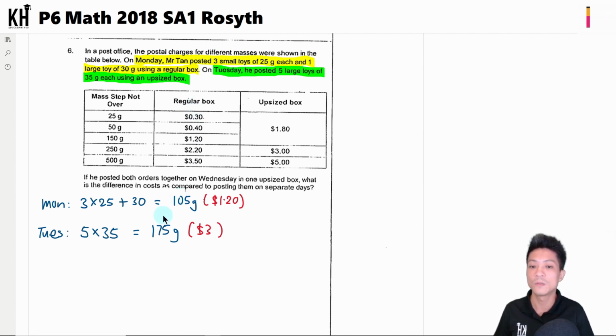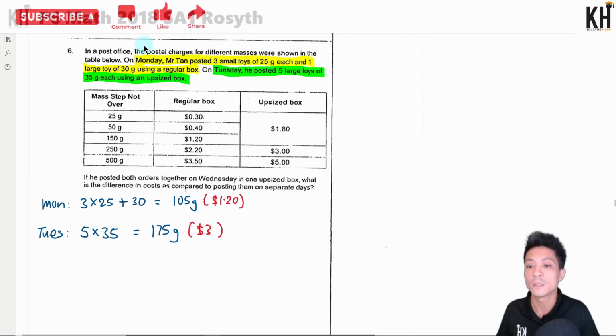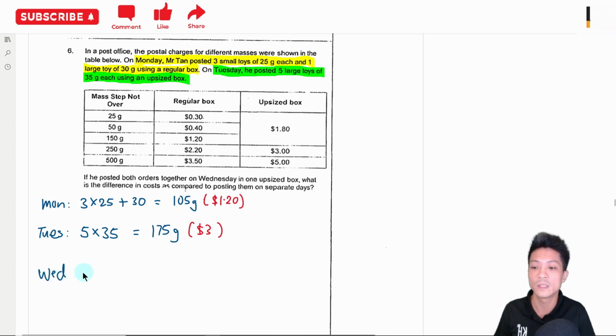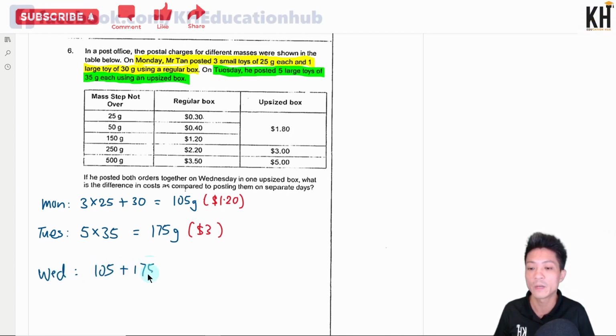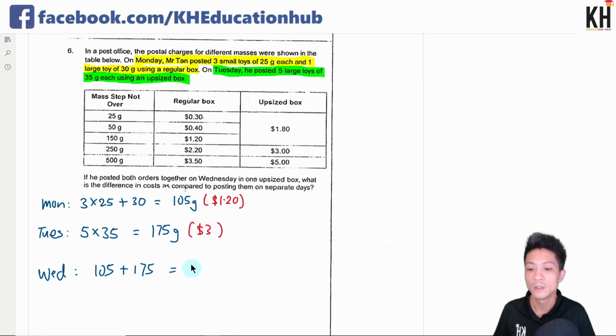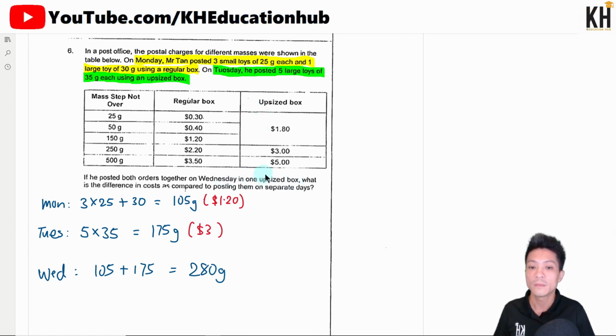If he posted both orders on Wednesday, we're going to do a simple calculation for Wednesday. Wednesday will be 105 plus 175, which is a total of 280 grams.